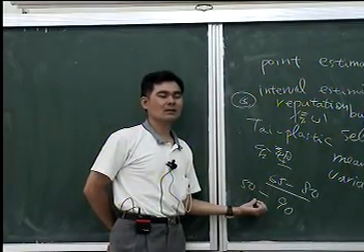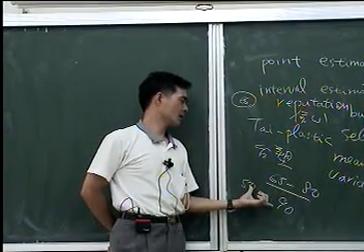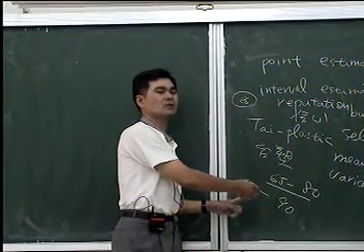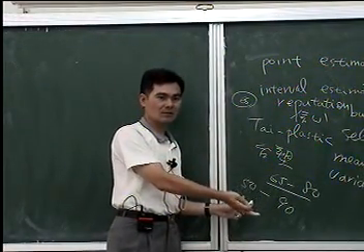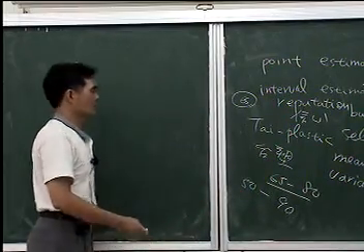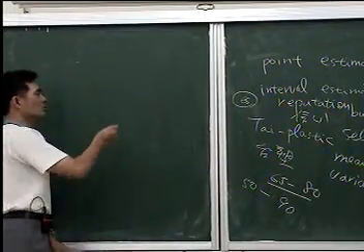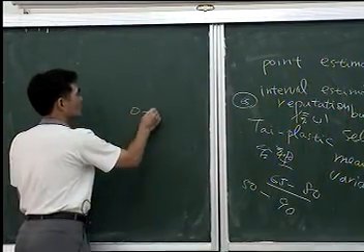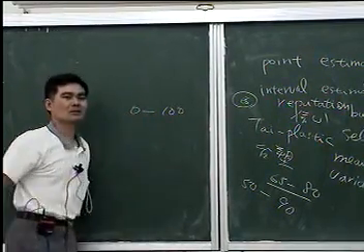But let us say you have a confidence interval. If this interval is too large, then it doesn't make sense. If you tell your customer that the stock price of Thai plastic will be between 0 and 100, does it make sense?